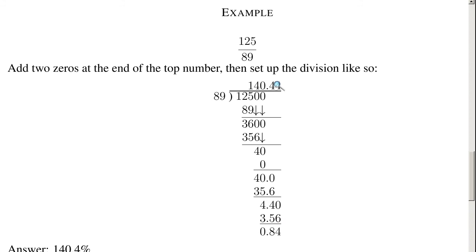So put a 4 in this spot. 89 times 4 gives you 356. Subtract to give you 0.84. Or you could think of it as 84 or 0.84, either way. But the point is, now we've gone far enough. We have enough decimals that we can get our final answer. Our final answer is 140.4%.